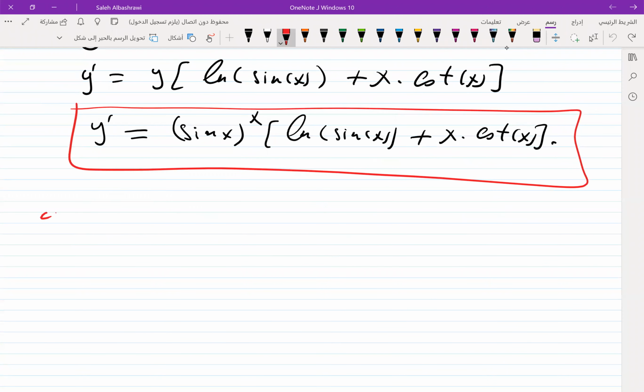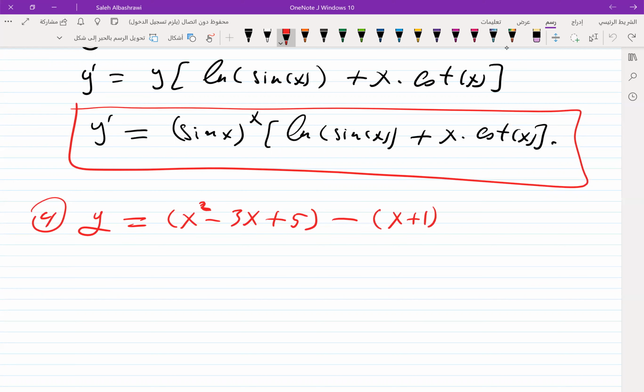Number 4. Suppose that you are given y equal to x squared minus 3x plus 5 minus x plus 1 to the power, let's say this time, tangent of 2x.